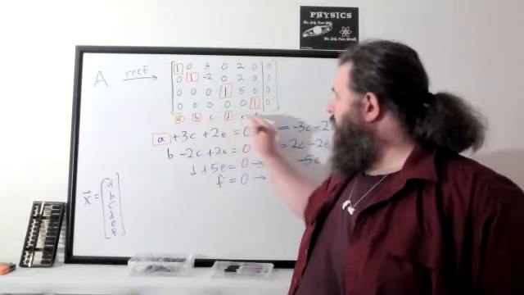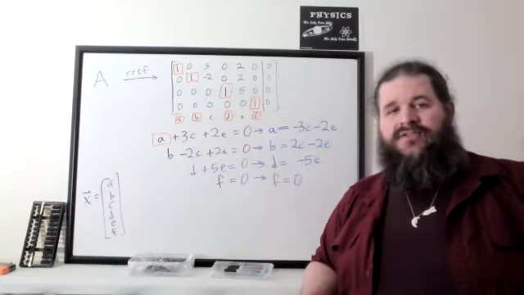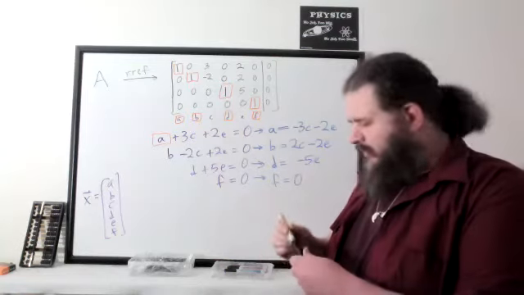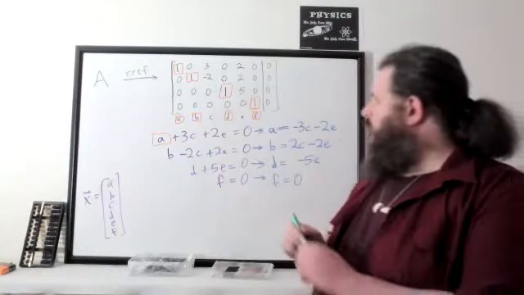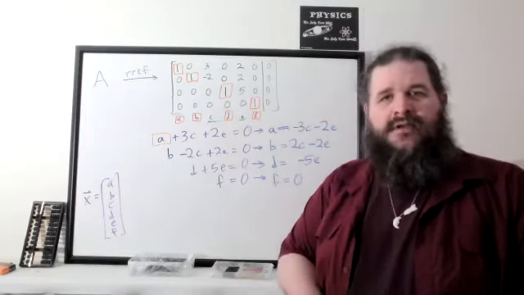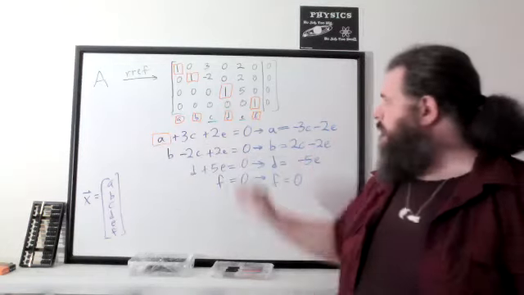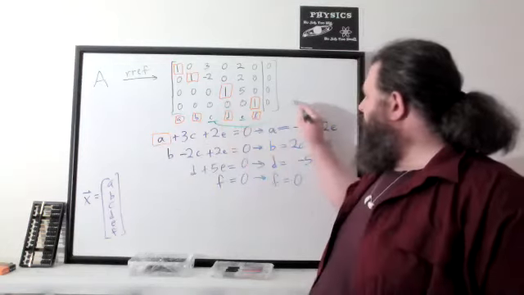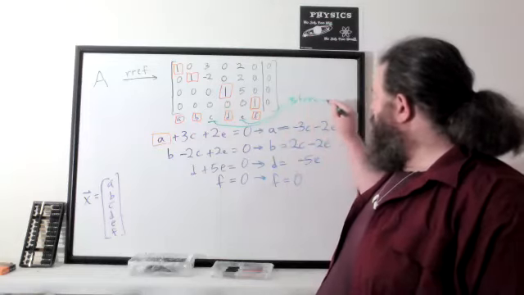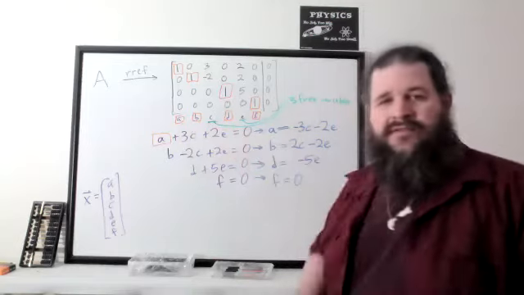A, B, D, and F are the fixed variables here, specifically because those are the columns with pivots. And then the columns without pivots, so variables C and E, those are going to be the free variables. So you solve for each of the fixed variables in terms of the free variables. So columns without pivots turn into free variables. Columns with pivots are going to represent fixed variables.